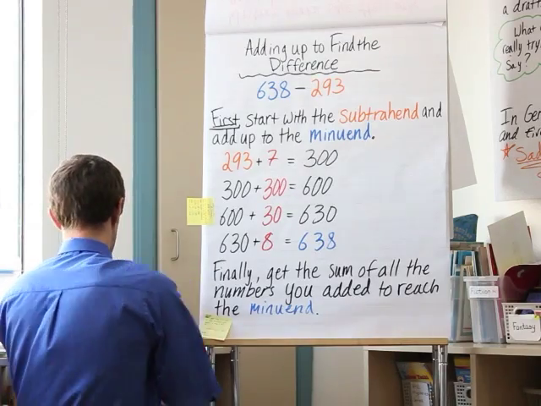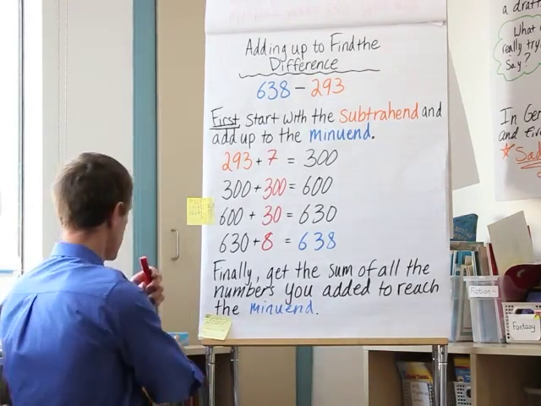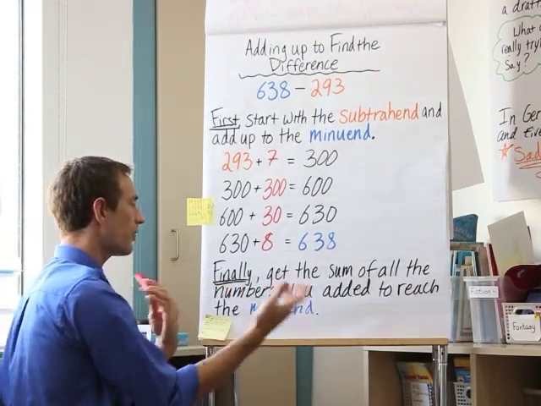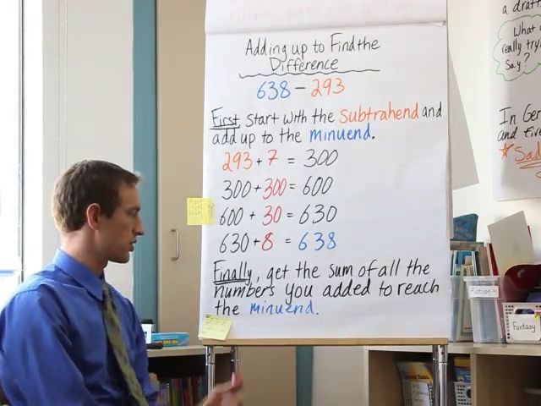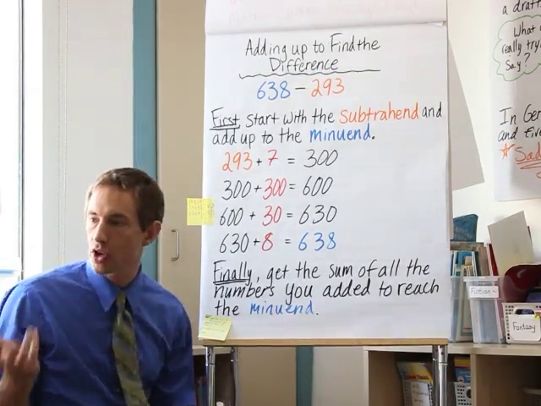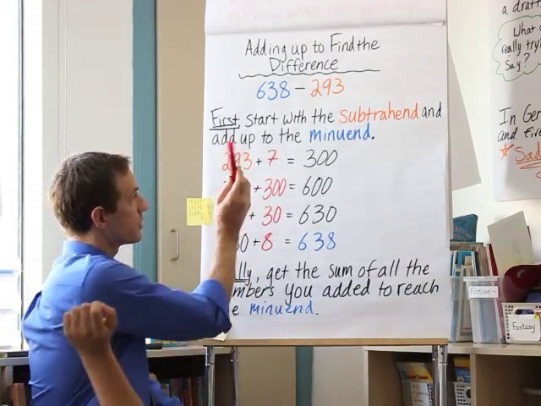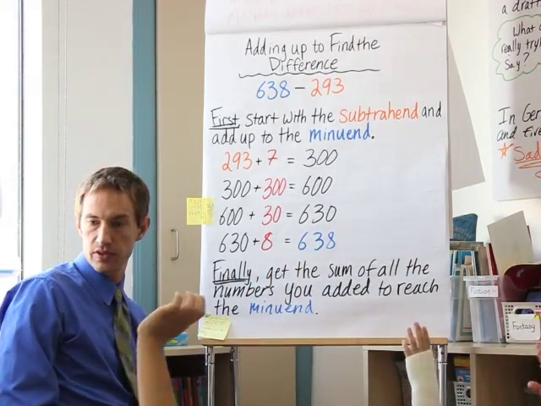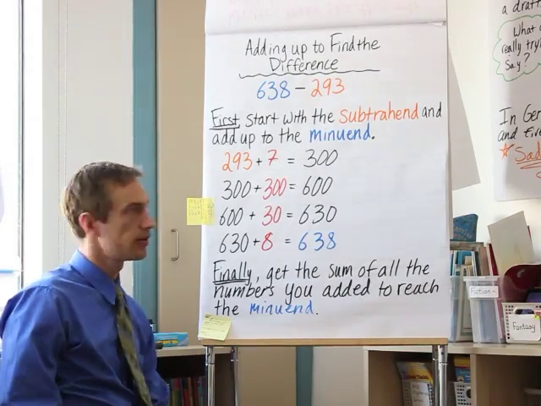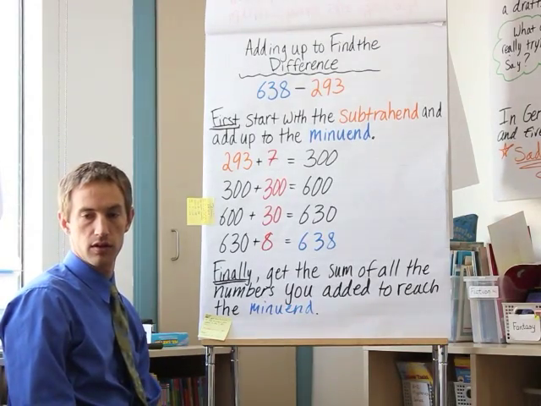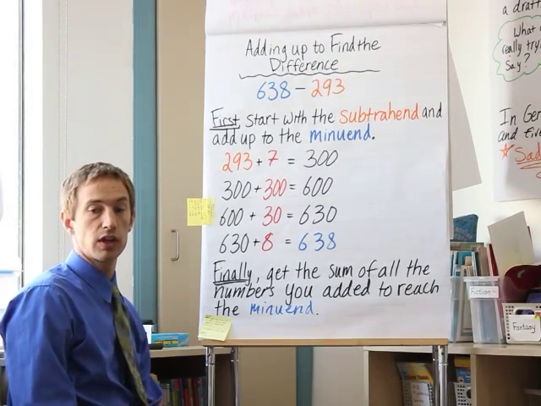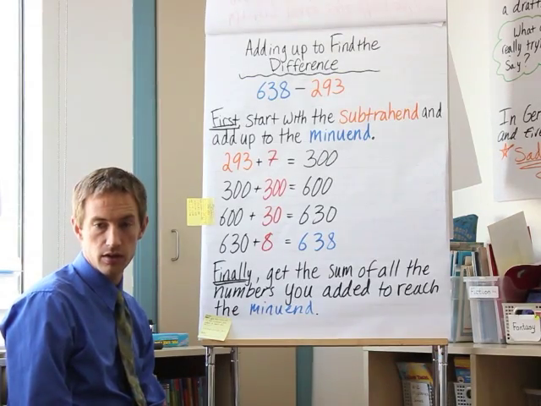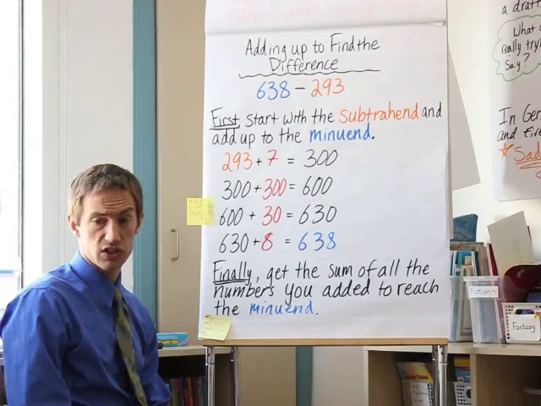All right, let's talk about this. Finally, get the sum of all the numbers you added to reach the minuend. What are those numbers we added to the subtrahend to get to the minuend? Hello, Jane?